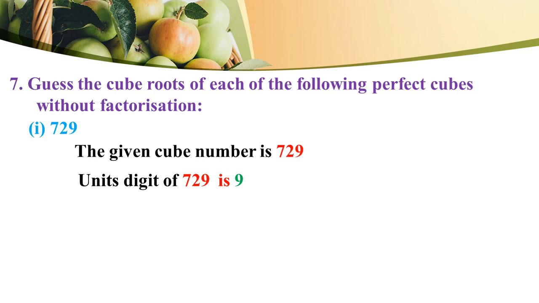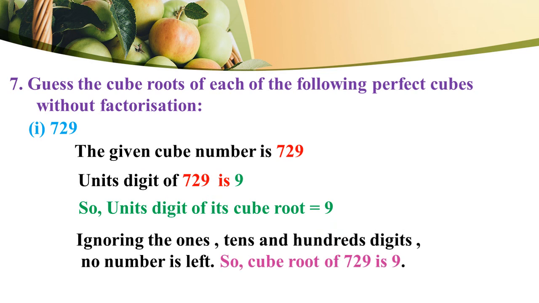Units digit of 729 is 9. So, units digit of its cube root is 9. Then, ignoring the ones, tens and hundreds digits, no number is left. So, cube root of 729 is 9.